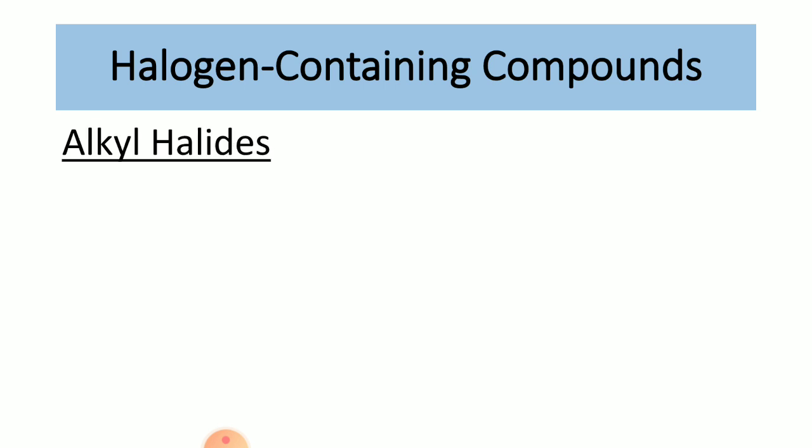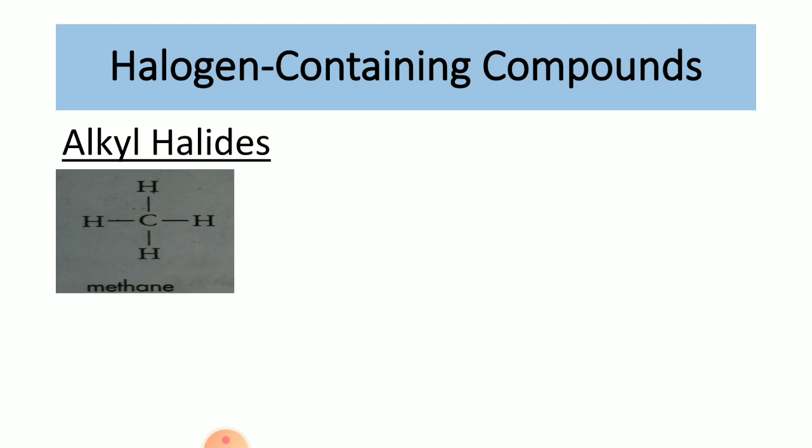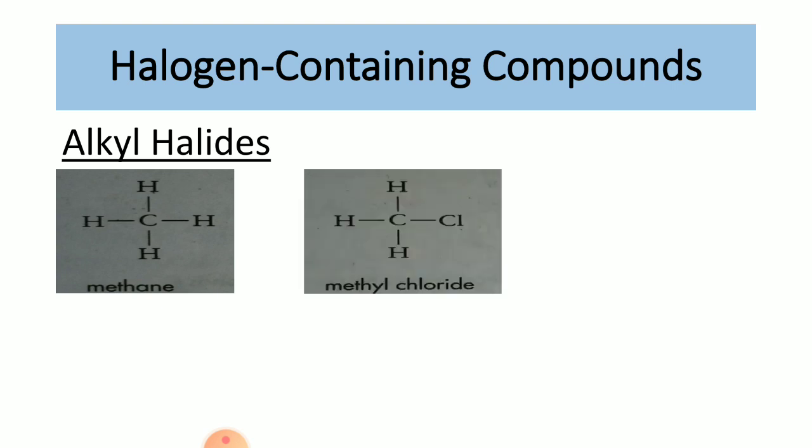For example, we have here the hydrocarbon methane. I'm going to show you the successive substitution of chlorine atoms for each hydrogen of methane, which forms different alkyl halides. First, let us replace one hydrogen with chlorine. That will become methyl chloride.